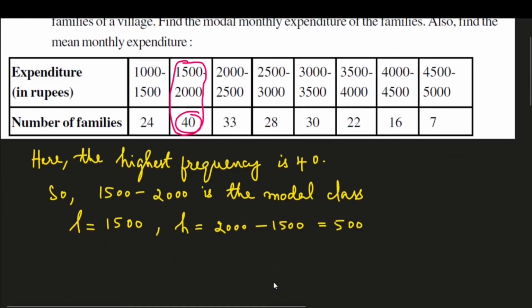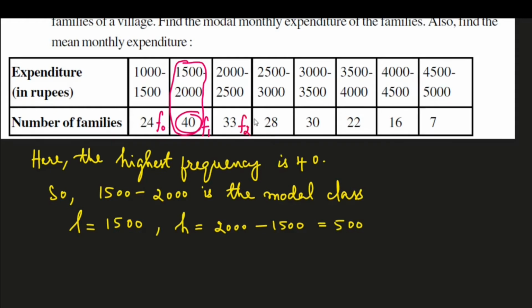Now we have to find F1, F0 and F2. F1 is the frequency of the modal class. Here F1 is 40. F0 is the frequency of the class interval preceding the modal class.